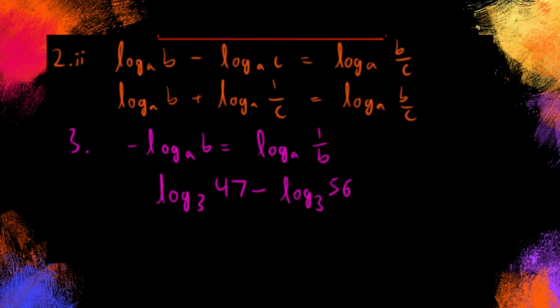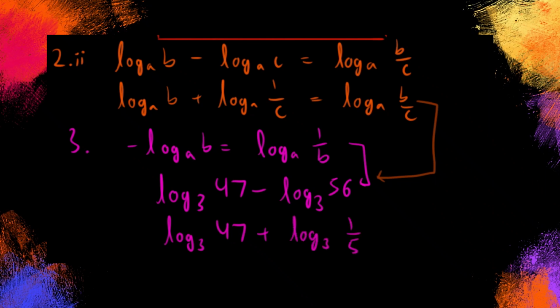So what we're going to do is use this rule in conjunction with this rule up here. What we're going to get is essentially log 3 of 47 plus log 3 of 1 over 56.